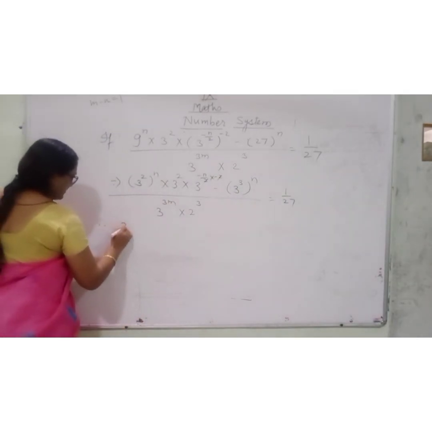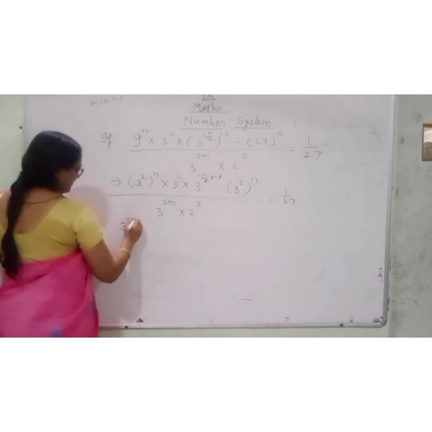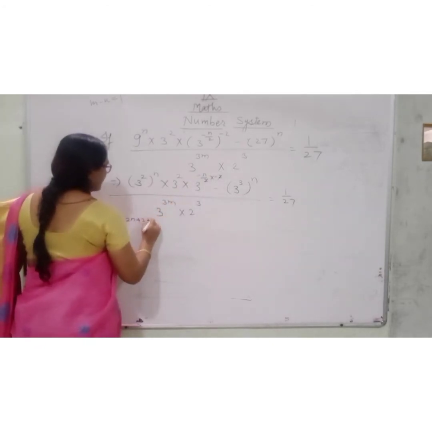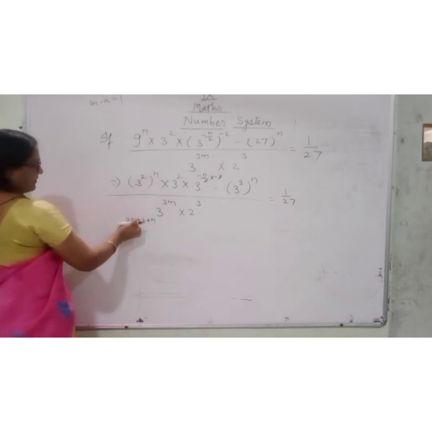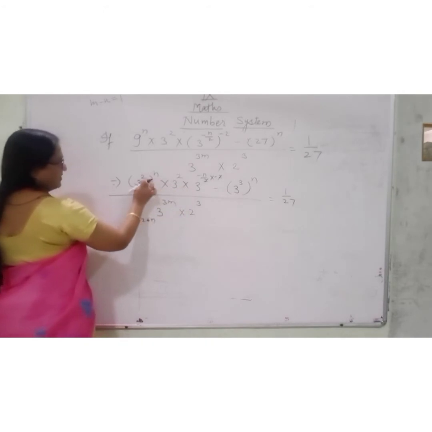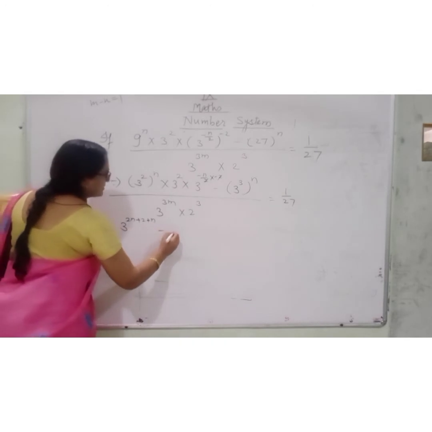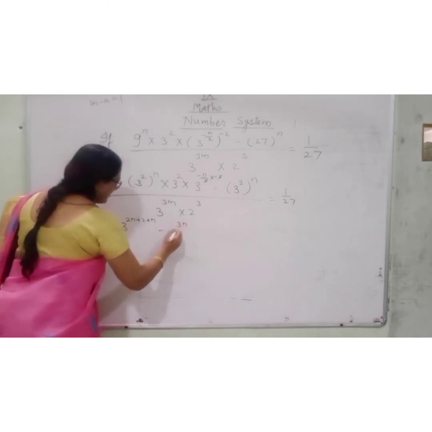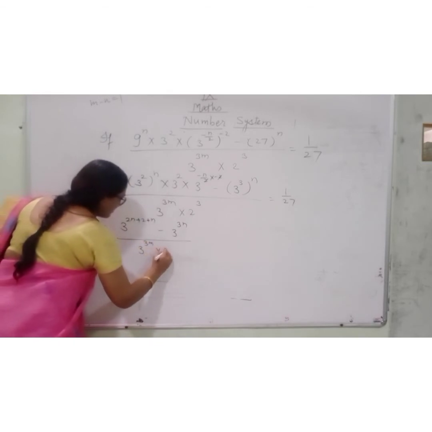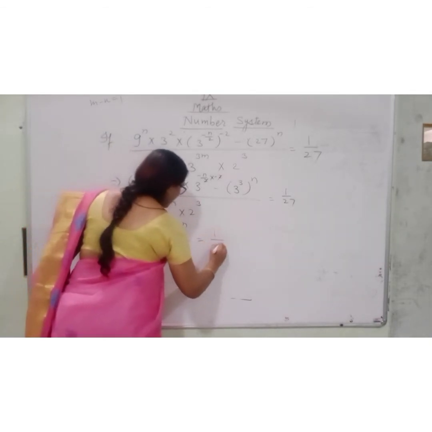Therefore 3 raised to the power 2n plus 2, now minus minus plus n. Got it? 3 square means plus 2, because the base is the same and multiplication is there, so you can take the addition of powers. Minus 3 raised to the power 3n divided by 3 raised to the power 3n multiplied by 2 raised to the power 3 is equal to 1 upon 27.